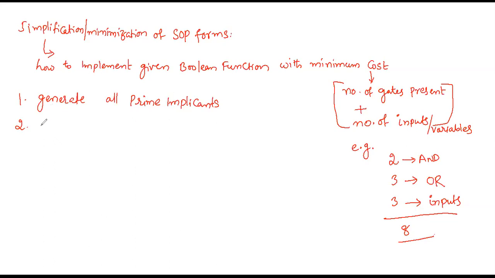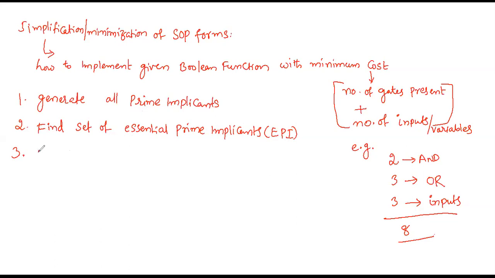Second one is from above groups find the set of essential prime implicants, EPI, essential prime implicant. From above prime implicants, generate essential prime implicants.